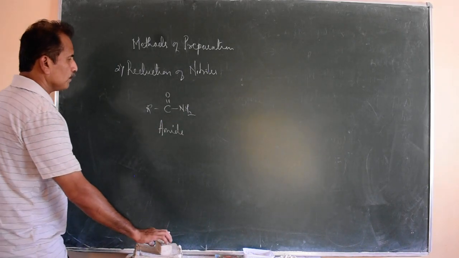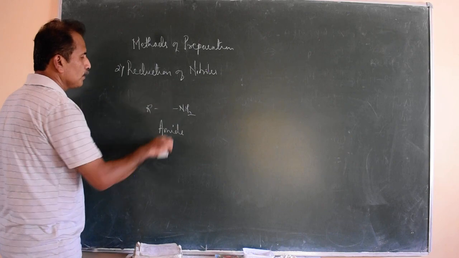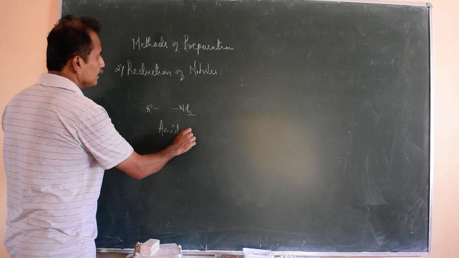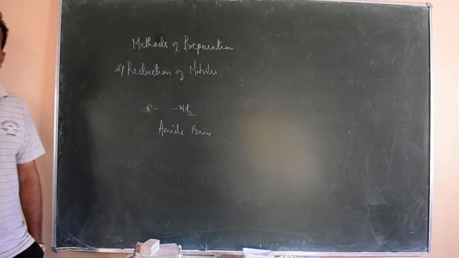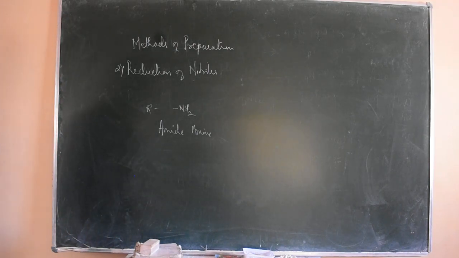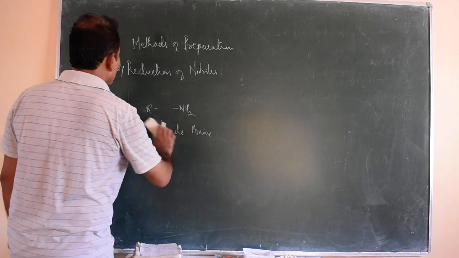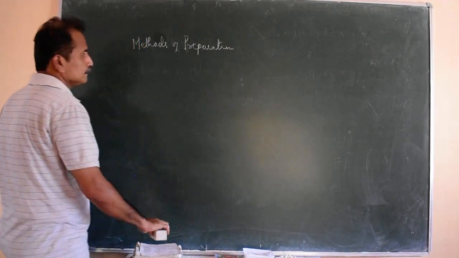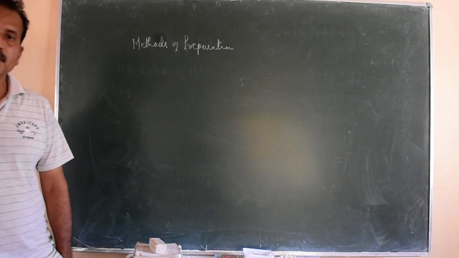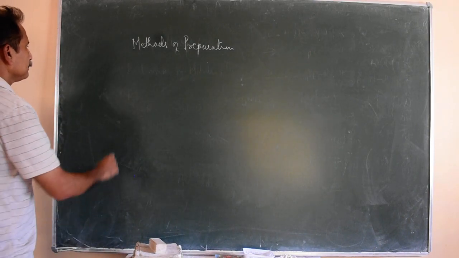And if there is no R and just the C double bond O, it turns into an acid amide rather than an amine. This is the difference between amide and amine. Next is the reduction of amides.